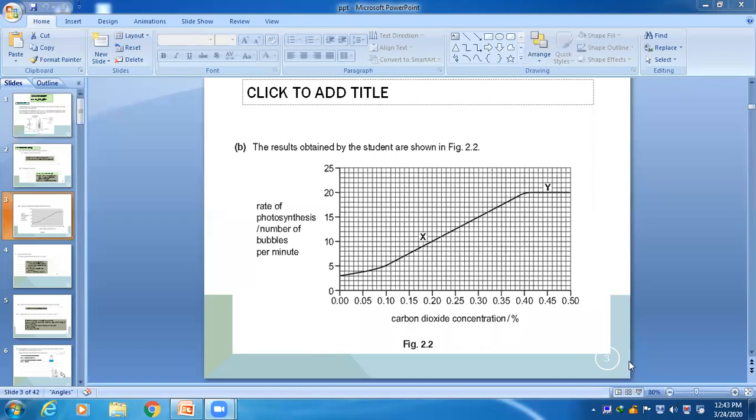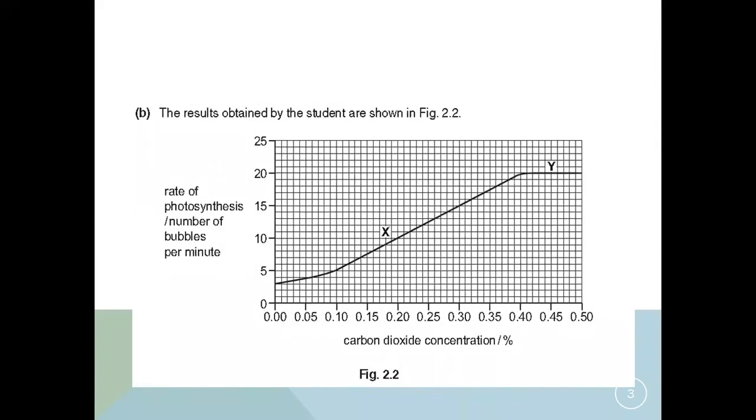So by this way you can describe your result. Like at x there is more carbon dioxide. At y carbon dioxide is not the rate limiting factor. The other factors may be light intensity and temperature. Okay.